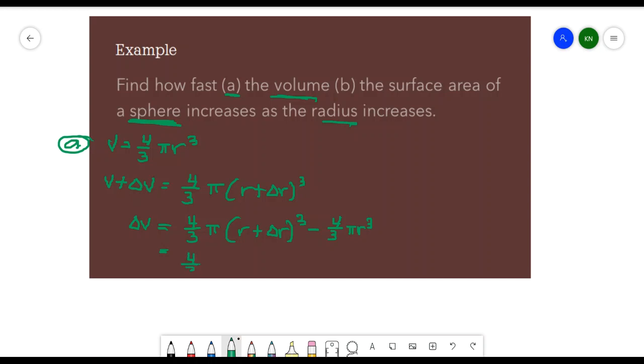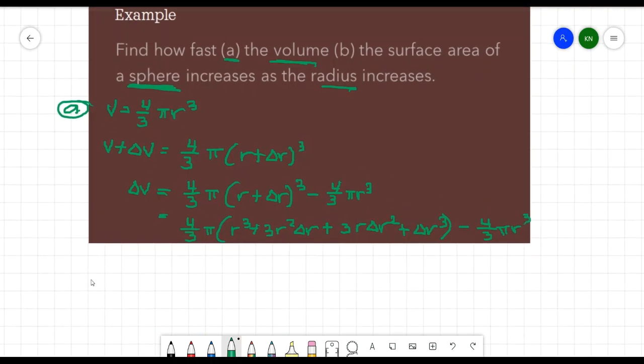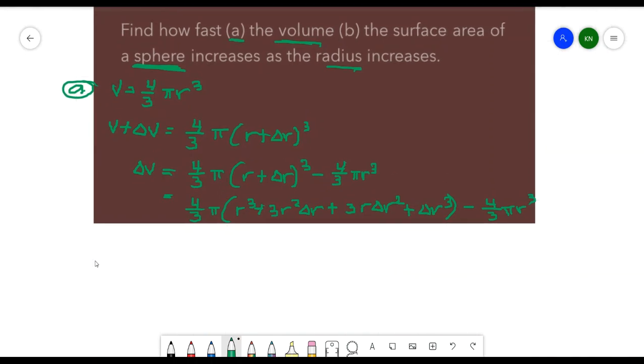So we have 4/3 pi times (r cubed plus 3r squared delta r plus 3r delta r squared plus delta r cubed) minus our 4/3 pi r cubed. Then afterwards, we can distribute 4/3 pi by the terms inside the parenthesis.